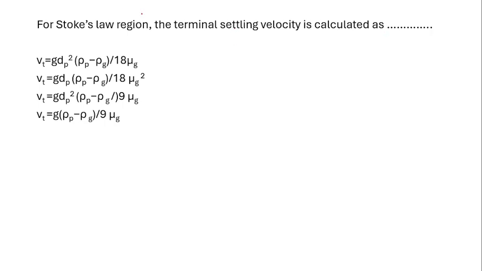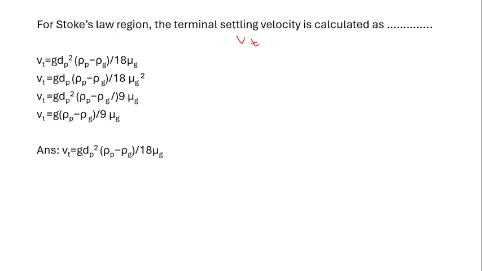Next question: for the Stokes law region, the terminal settling velocity is calculated as? So what is the formula? Calculate the terminal settling velocity based upon the Stokes law region. The right answer is Vt equals g dp squared times (rho p minus rho g) divided by 18 mu g.